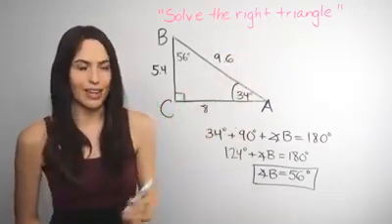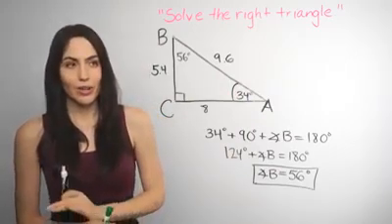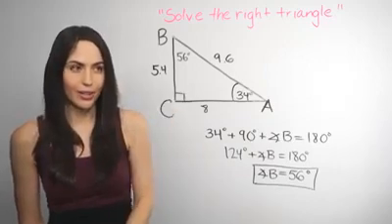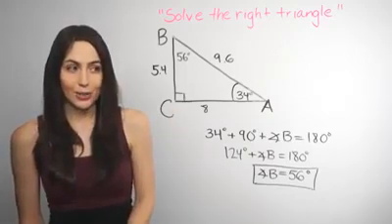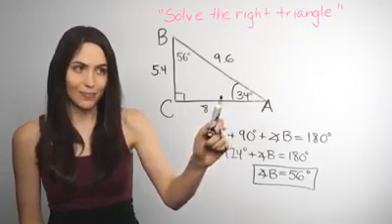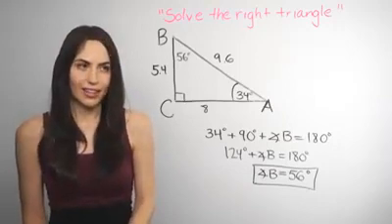So it's the same idea. Also, if you are given no angles in the beginning, other than the 90-degree angle, you may need to use inverse trig functions to find an angle and fully solve, and that's a whole other video if you see that.